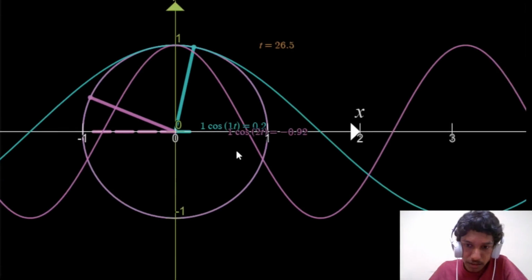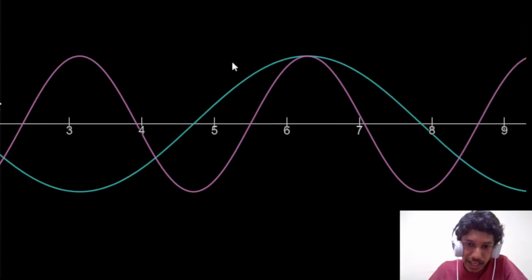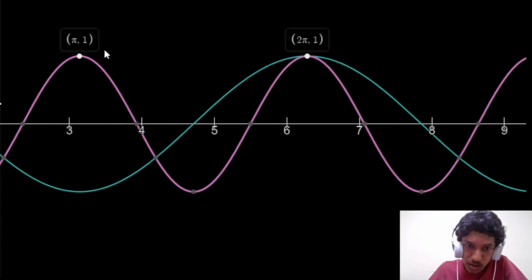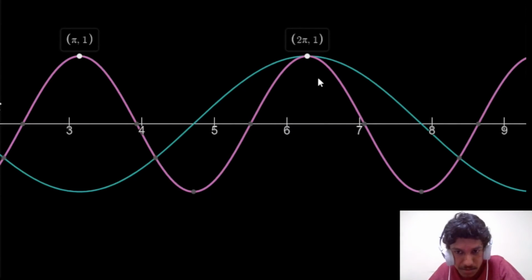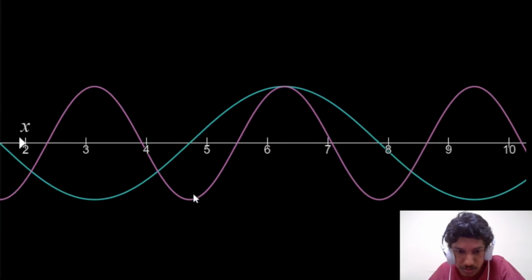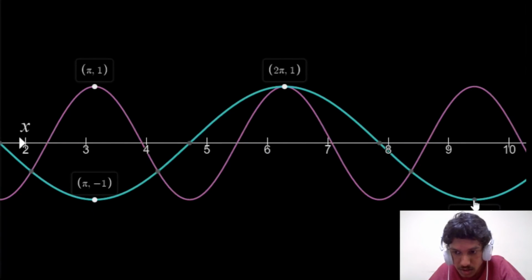So you can take a look here. Let's go pi to 2 pi for the purple one, that is going to be a period. And then over here, you've got to zoom out a little bit. Let me put these points on to see.